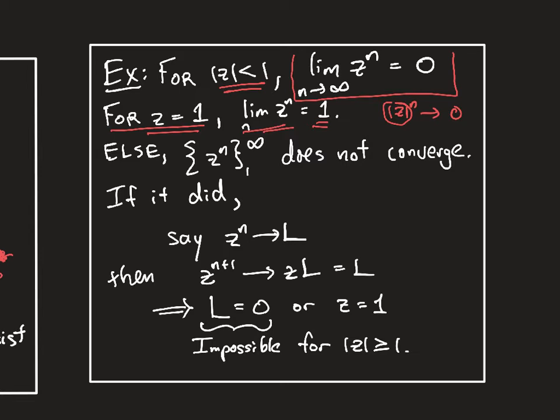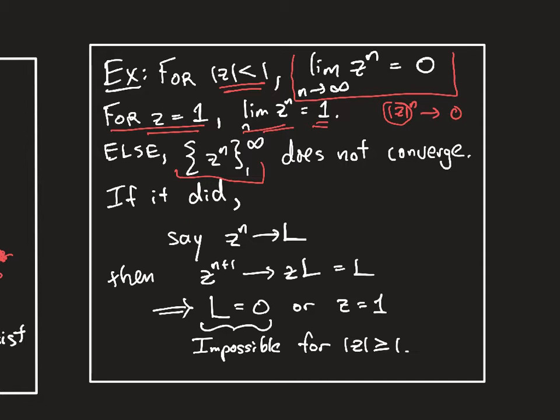And you can show that for all other cases, so for either z on the unit circle except for 1, or for z with modulus bigger than 1, this sequence does not converge, and here's kind of a short way to show that it can't.